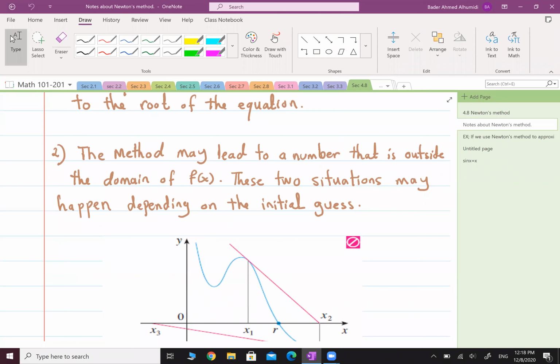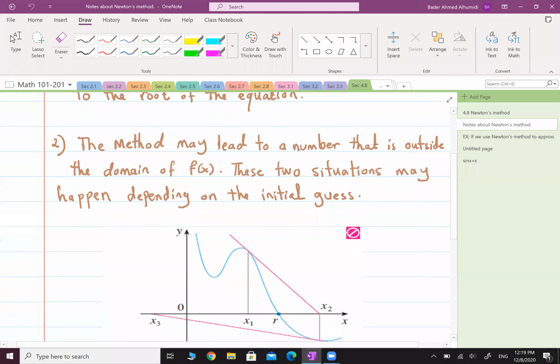The second one: this method is very sensitive to the initial guess, in the sense that it may mislead us to the wrong answer. So it is very sensitive to the initial guess, okay? And this may give us a totally wrong answer.